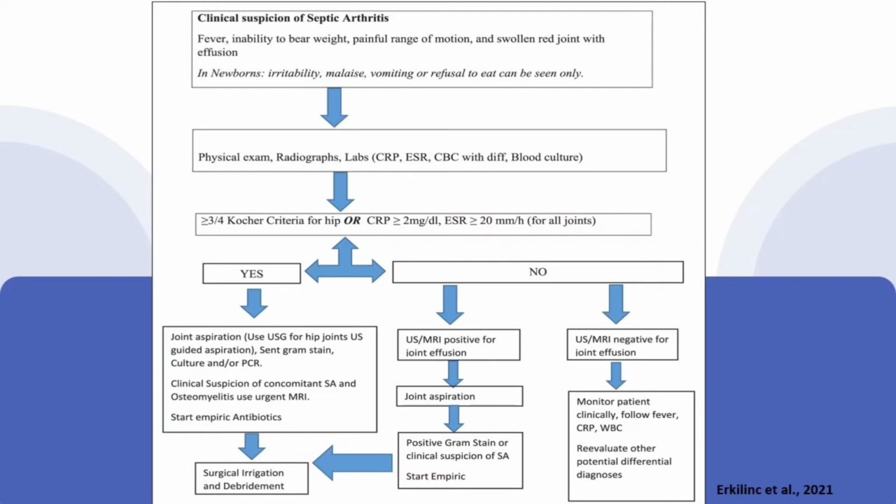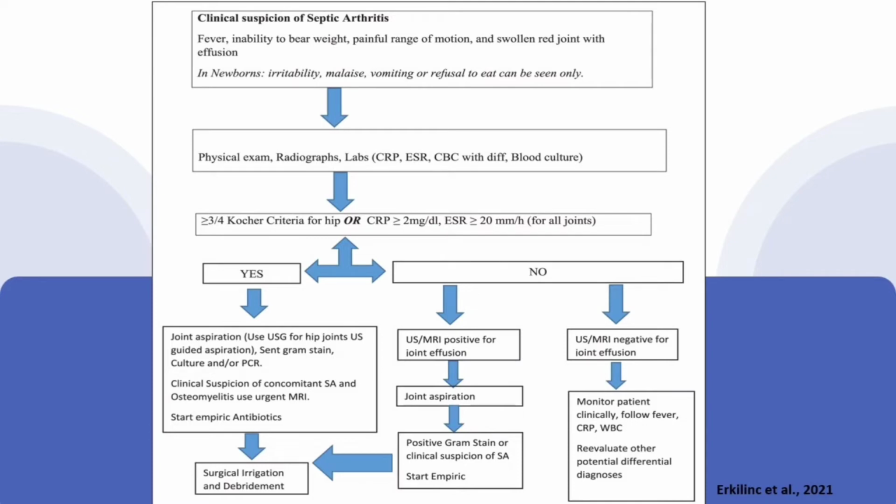It starts with the suspicion of septic arthritis. Symptoms include fever, inability to bear weight, painful range of motion, and swollen red joint with effusion, pain on passive joint movement. In newborns, irritability, malaise, vomiting, or refusal to eat.